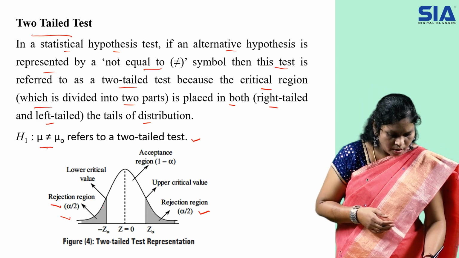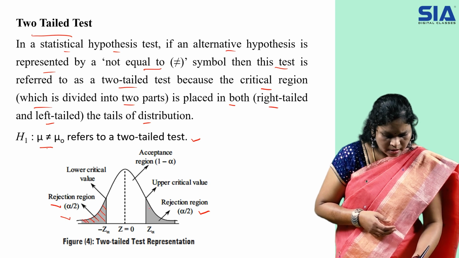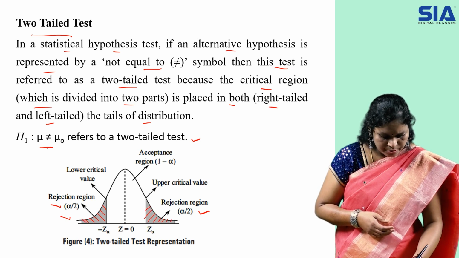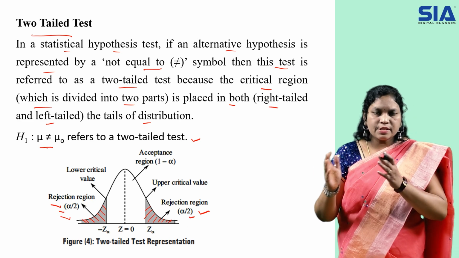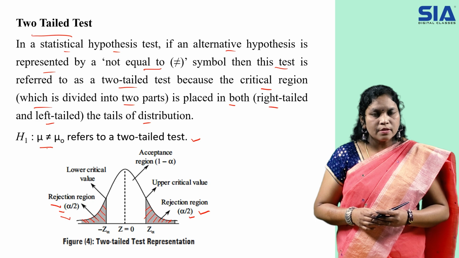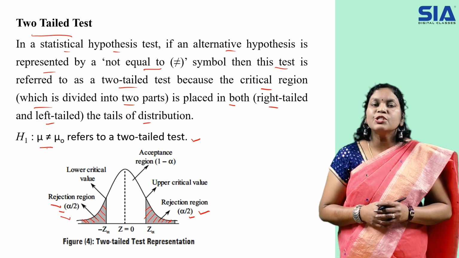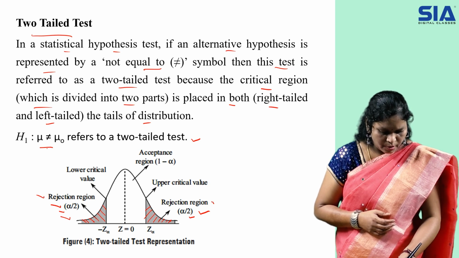Plot it completely to the left side as well as completely to the right side. Both sides we have plotted because it is of the not equal to type, and because we have plotted on both sides, we'll call it a two tail test.